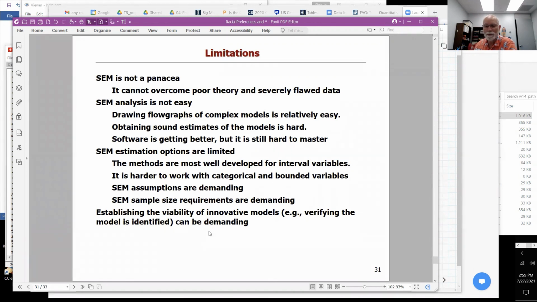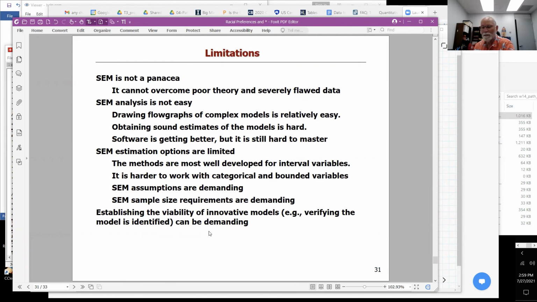With this new modeling framework, I will correct for attenuation and measurement error consequences, and I'm going to get true results. Well, the problem is SEM only works if you have really good theory.